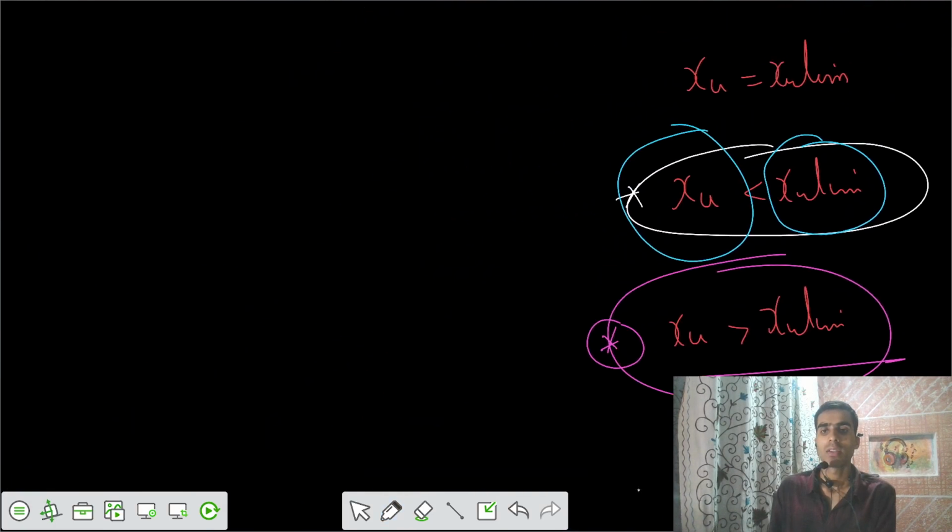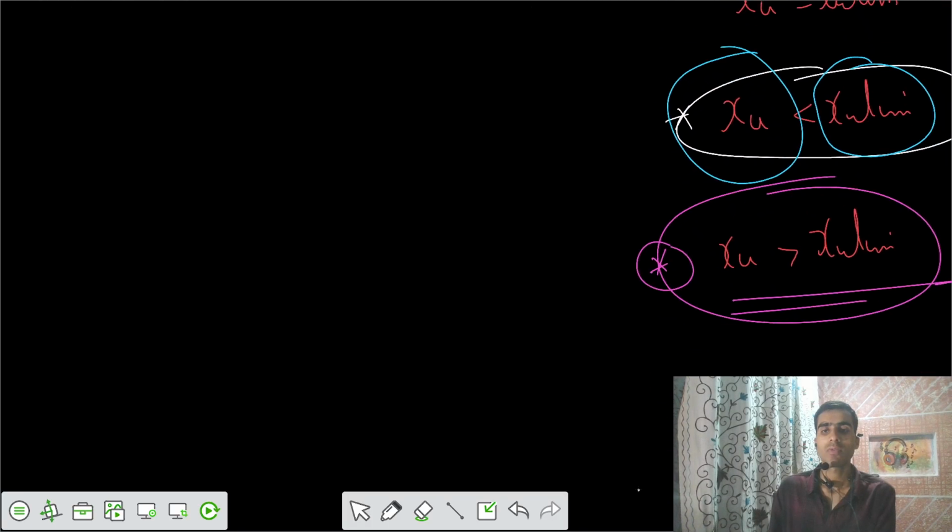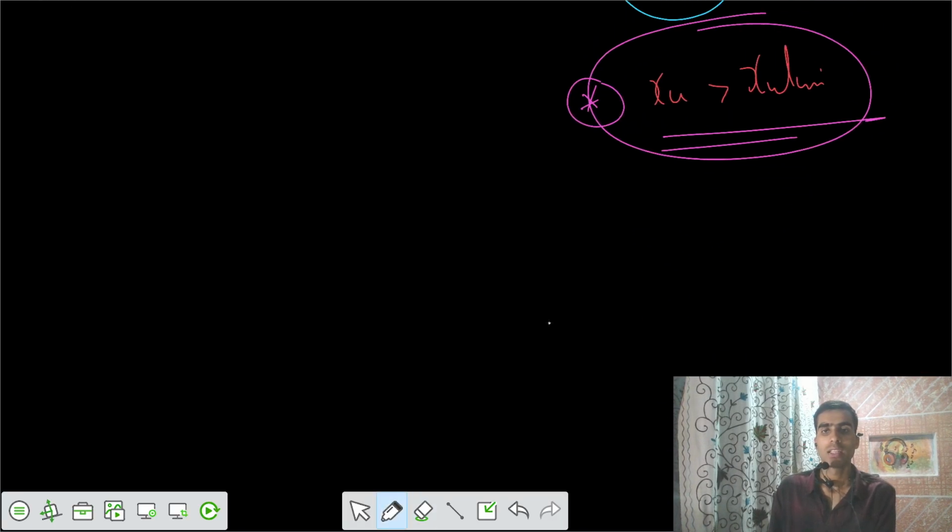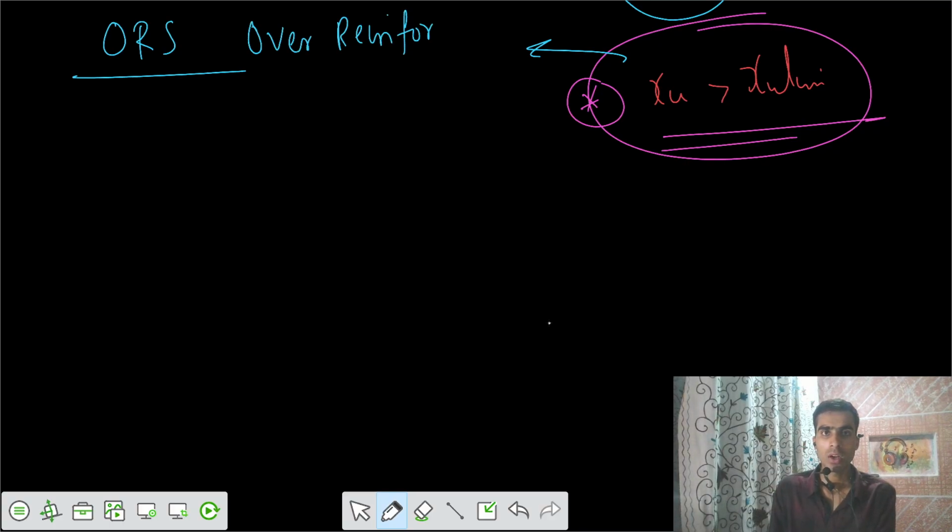I would say for the third case, when XU was greater than XU limiting, this is the section we call ORS, over reinforced section. It means reinforcement is more than that required.